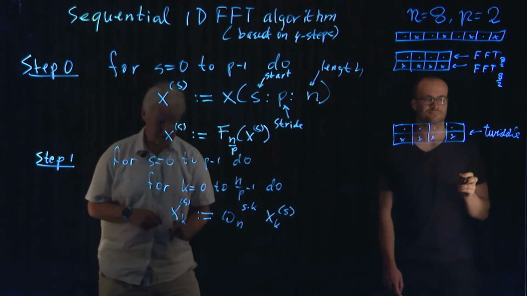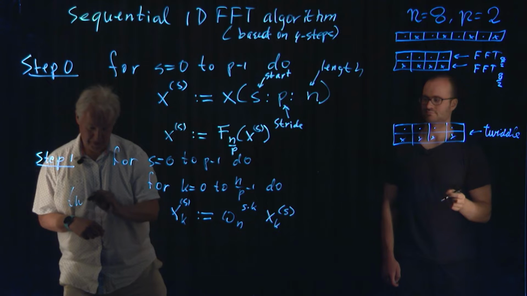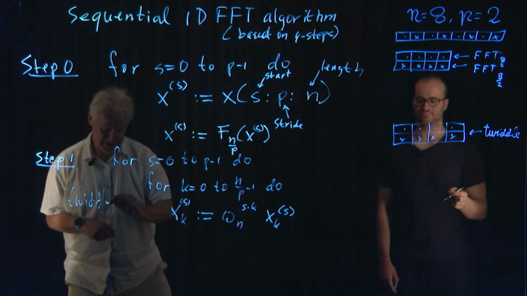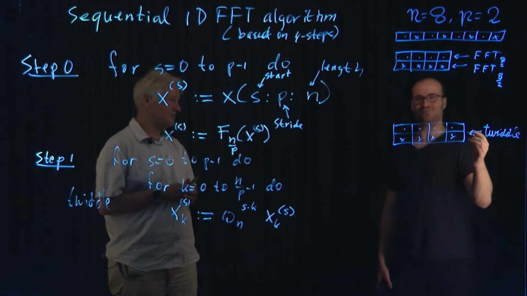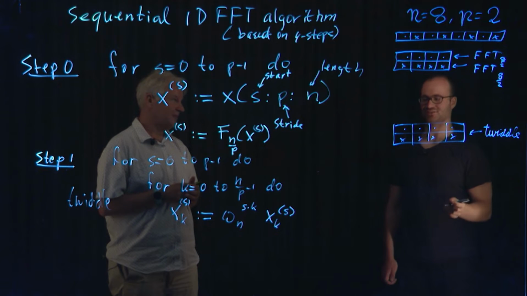And this is called the twiddling. A lovely name. And even lovelier, we don't have to do anything with the distribution. This can just be done in place.